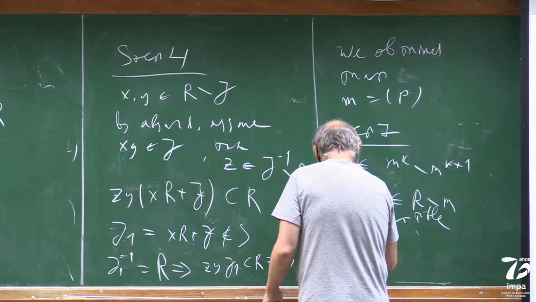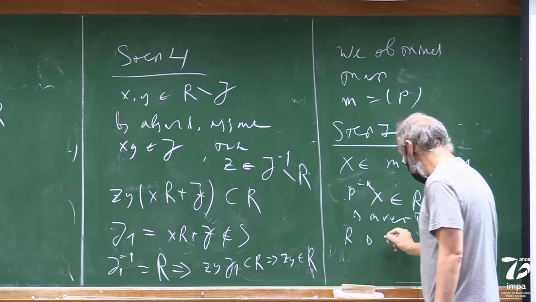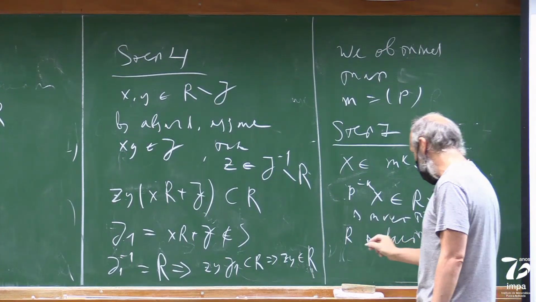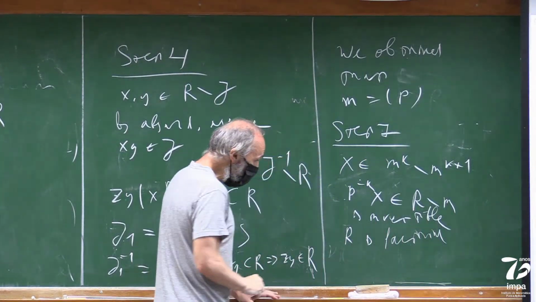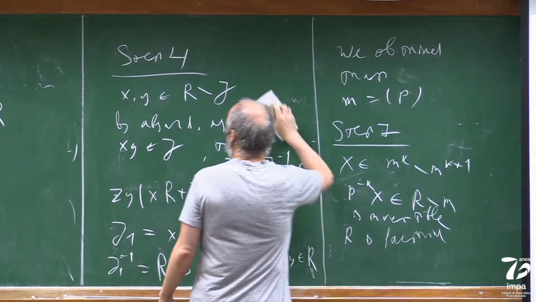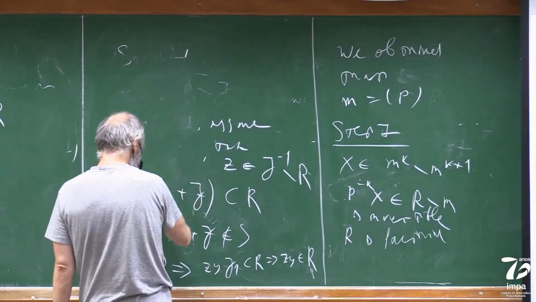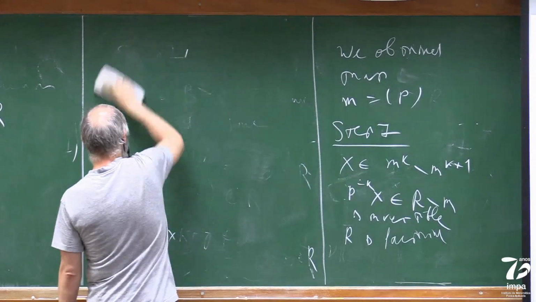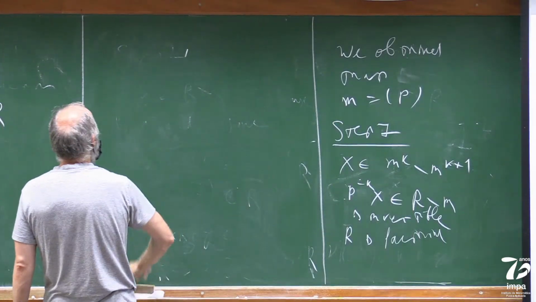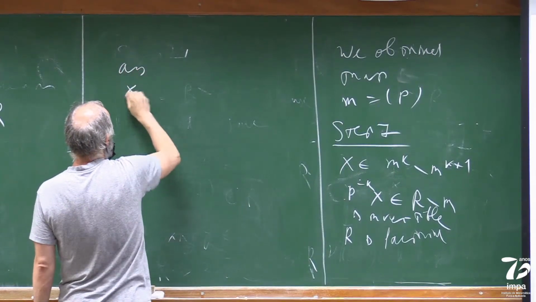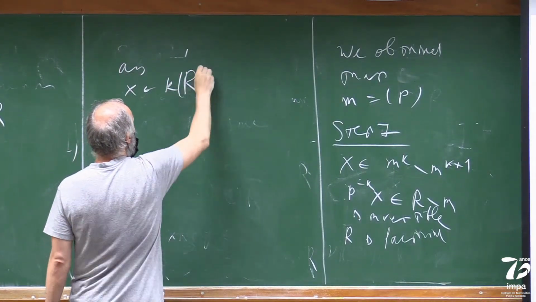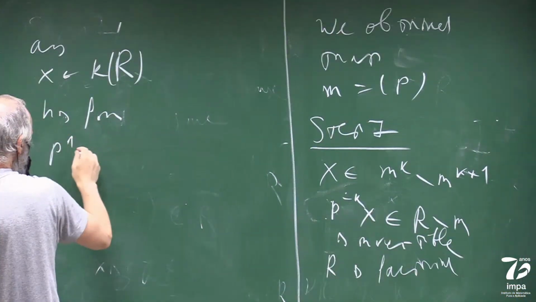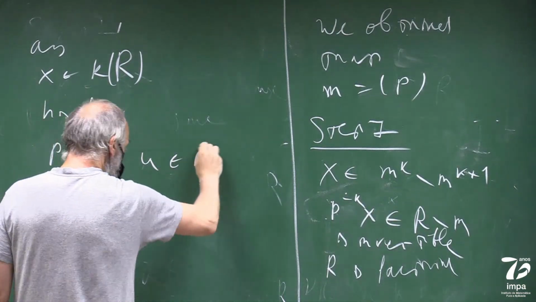And then R is a factorial ring. And now any x inside the fraction field of R has the form p^n times u, where u in R is invertible.